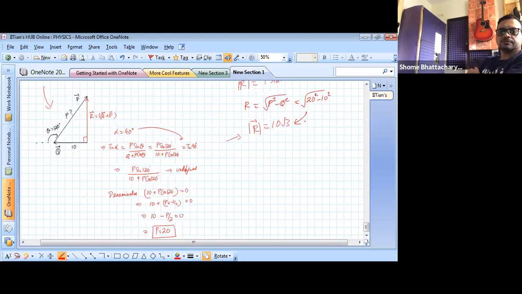That's good. Tan 60. You have to apply. Okay, so hope this is clear, people. The question is actually asking for the magnitude of the resultant. So you have to apply this one.